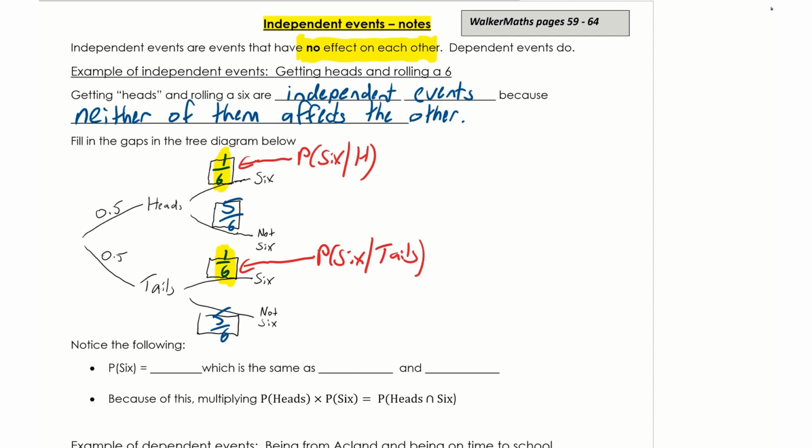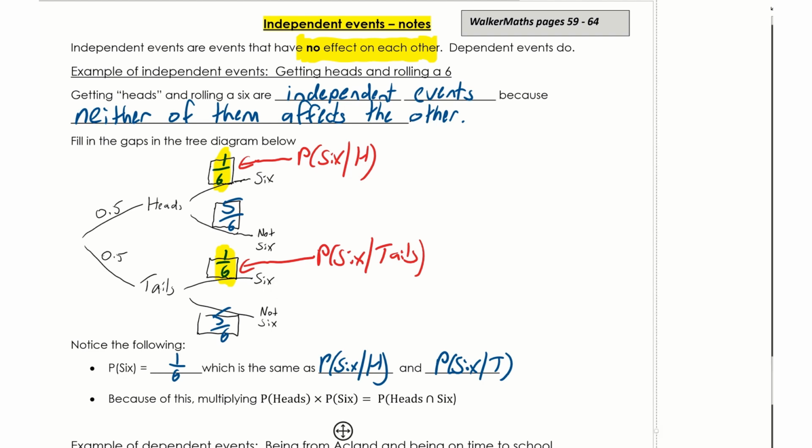So, spelling that out down the bottom here, the probability of getting a 6, we know that's a 1 in 6 chance. And that's the same as the probability of getting a 6 if you got heads and if you got tails. All three are the same. And it turns out if you can show two of these three things are the same, you've proven that they're statistically independent.